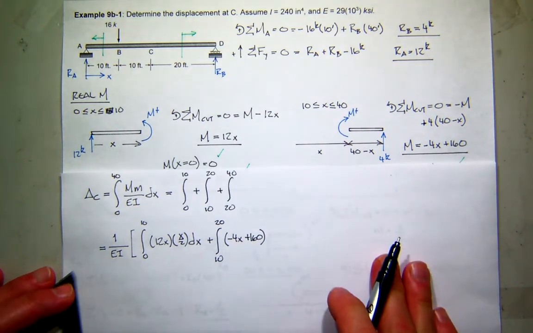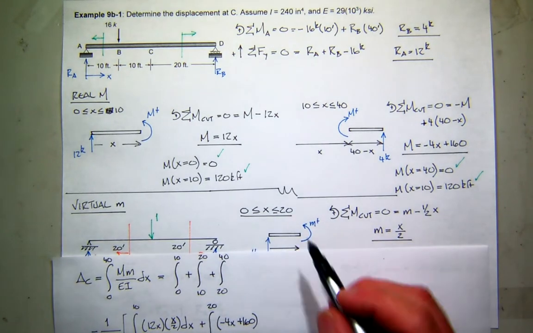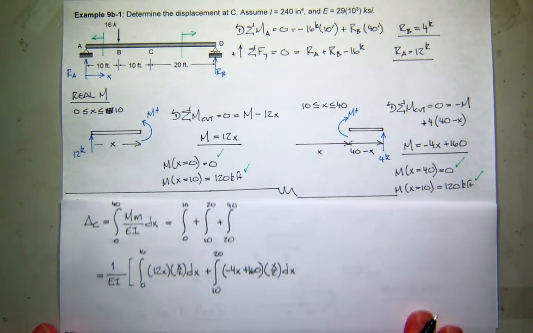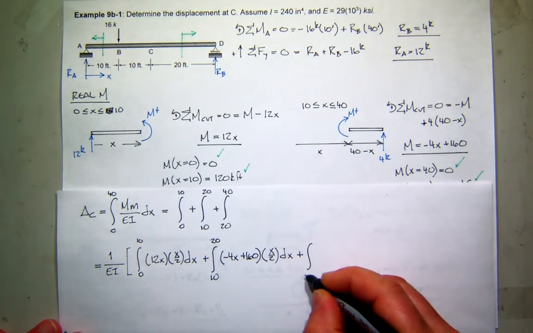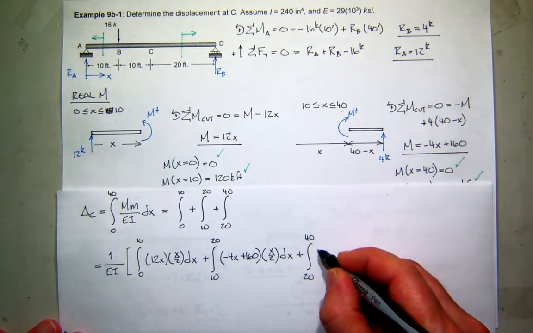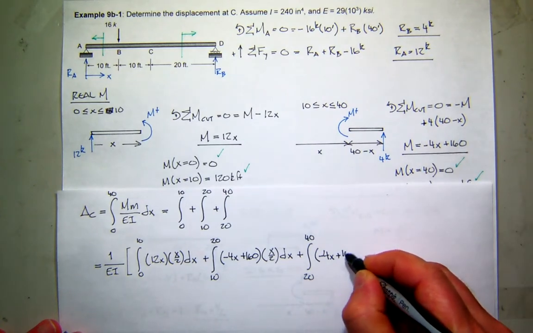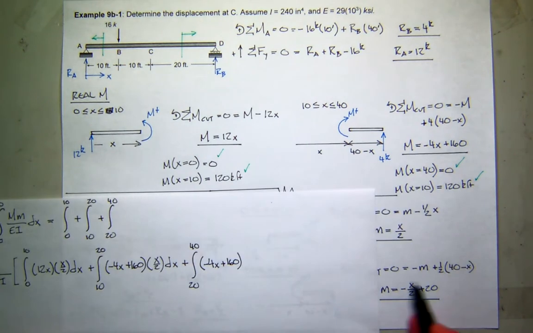But I still have to use this virtual moment because it's good till 20, which is x over 2. And then finally, the last bit, from 20 to 40, I'm still using this real moment expression, but I have to switch over to the other virtual expression.